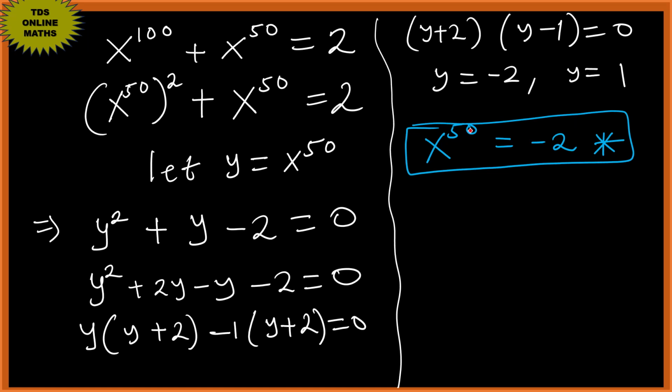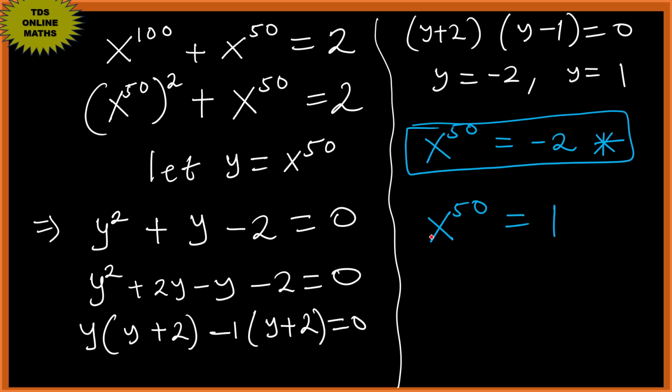All right, because when you take the 50th root on both sides, this side will be complex.